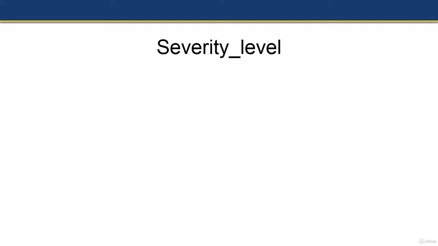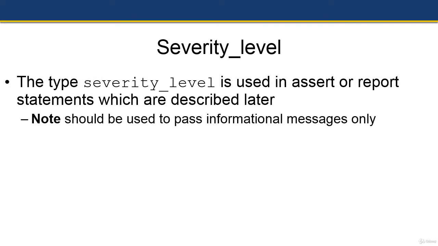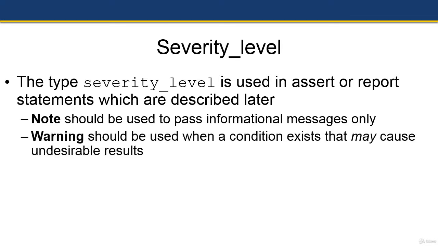The different values here basically serve different reporting issues. The default value, note, should be used to pass informational messages only. The value warning should be used when a condition exists that may result in undesirable results.